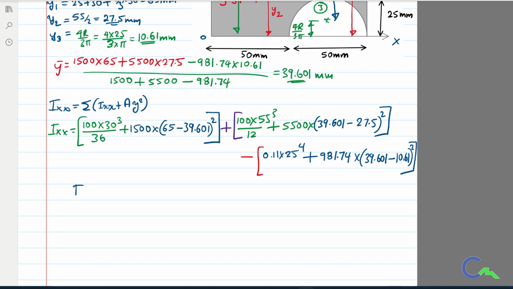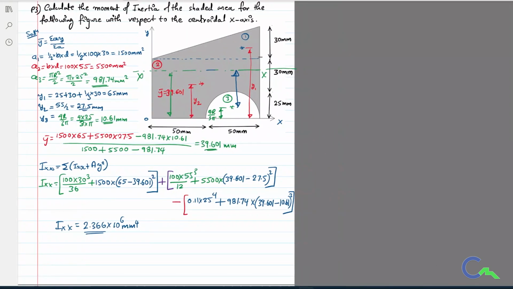If you do the calculation, the answer you are going to get is 2.366 into 10 to the power 6 millimeter to the power 4. So they asked to find the moment of inertia about the horizontal centroidal axis, that is Ixx, which is equal to 2.366 into 10 to the power 6 millimeter to the power 4.